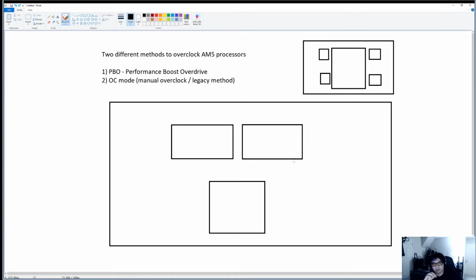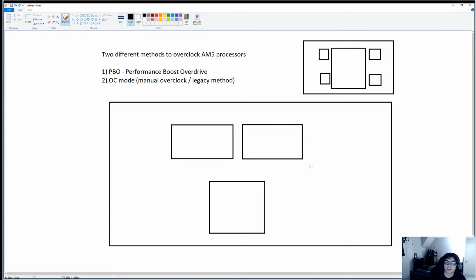I think that's really worked out for them in terms of allowing them to scale well with these updated versions, because next year we're going to see the X3D on AM5, the Zen 4 X3D, which is going to be really interesting. I think that one's probably going to be a single CCD, much like the 5800X3D available now, but on the newer 5 nanometer node with the cache stacked on top of it.